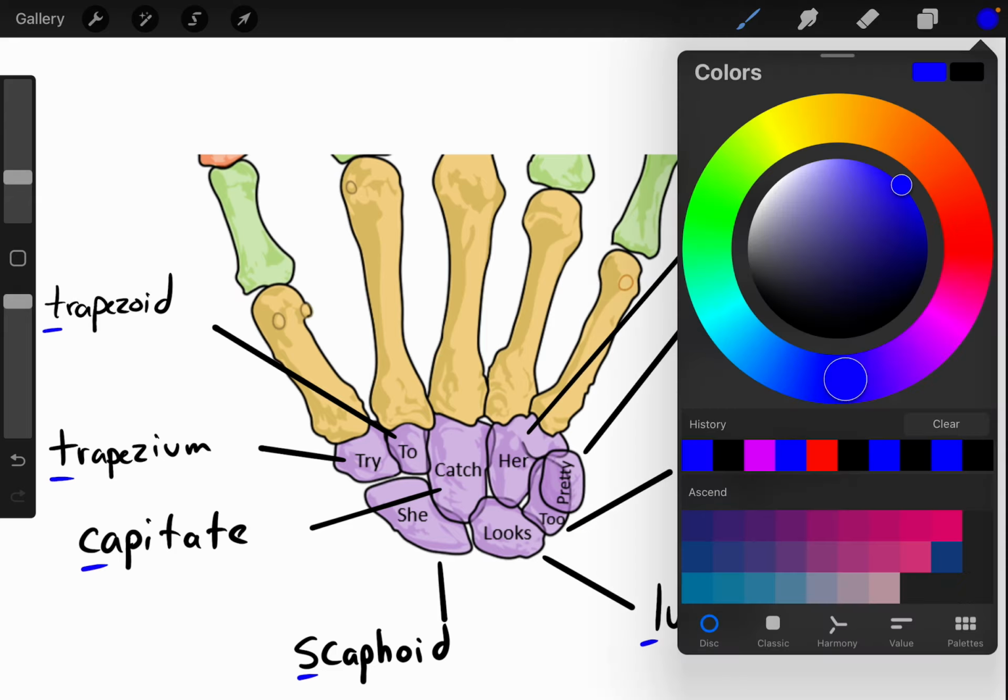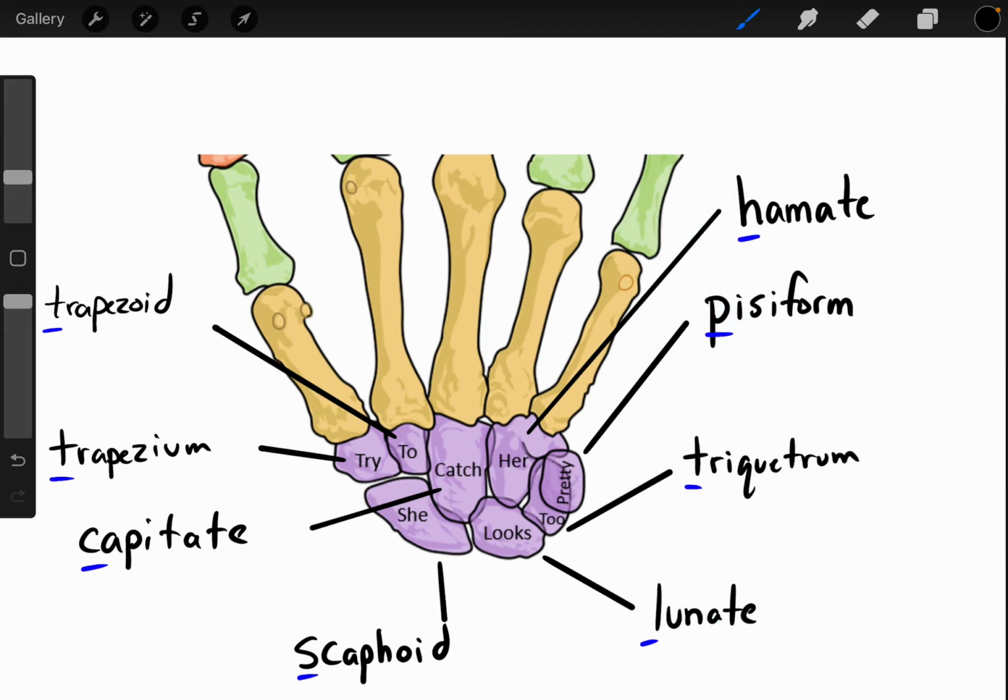It's also beneficial because as you're looking at these bones, pay specific attention to whether we're looking at the front of the hand or the back of the hand. With the pisiform and the triquetrum specifically, when you flip the hand over, it almost looks like they shift positions. The pisiform is more round, so that might be an indicator for you.